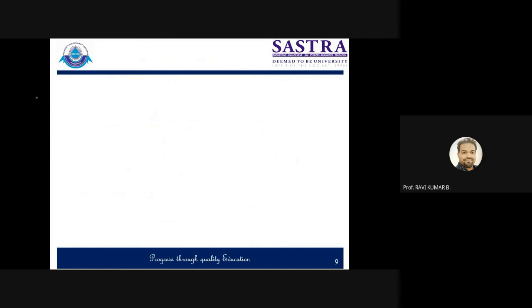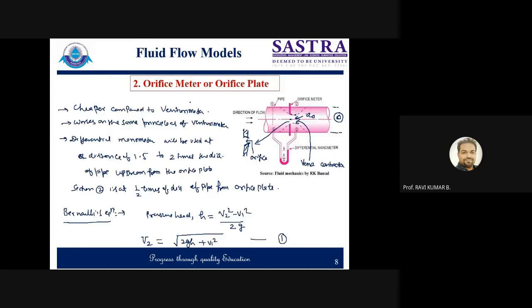So we can define contraction ratio. Second thing is contraction ratio. This is a very important term. Usually we define that as Cc. So contraction ratio is the area of inlet of the pipe to the area of vena contracta. So if you say that inlet of pipe divided by area of vena contracta, you can say in this way, yes or no? So look at the diagram again.